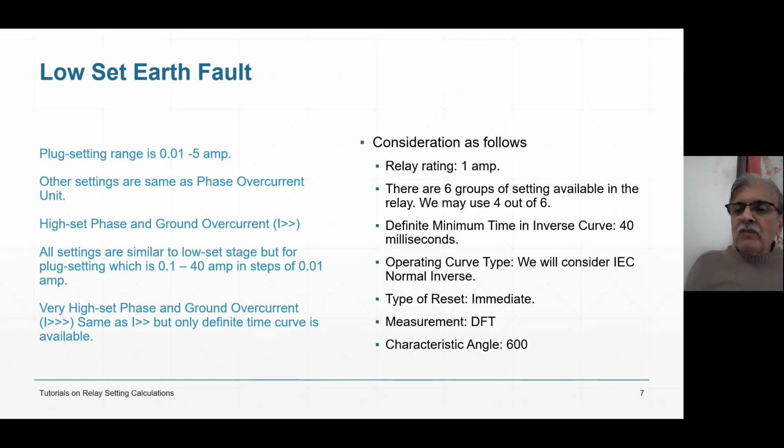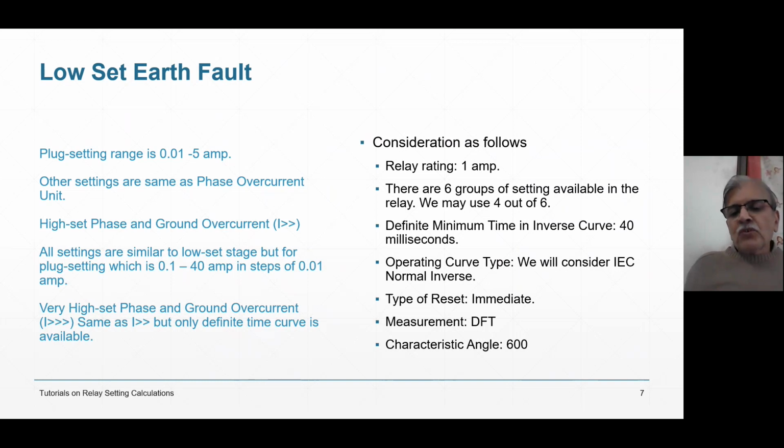Definite minimum time inverse curve, and the minimum definite time we are assuming 40 milliseconds. That is default setting given by the factory. Operating curve type, here we will consider only IEC normal inverse, not all, because the exercise will become more and more complicated if I go on using different curves.